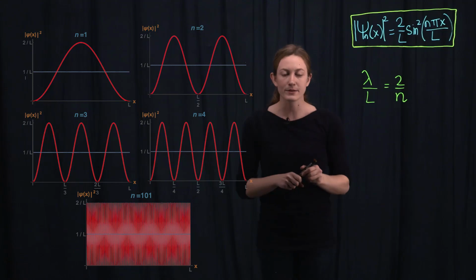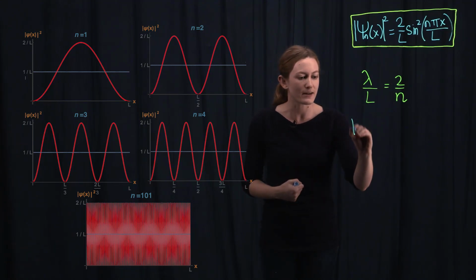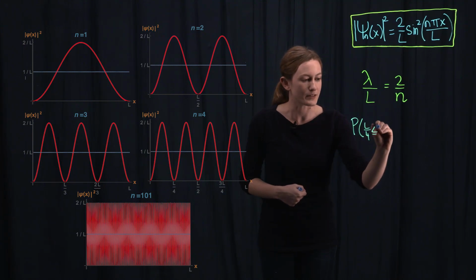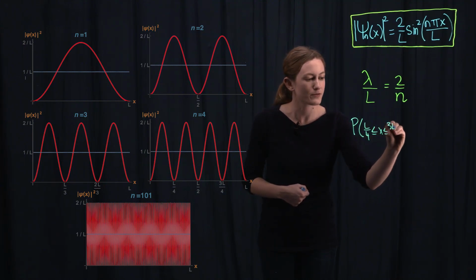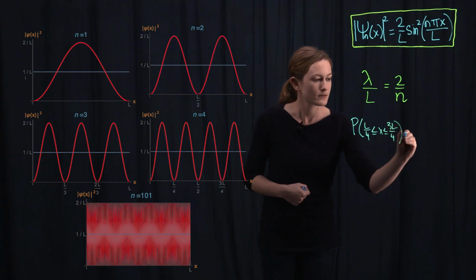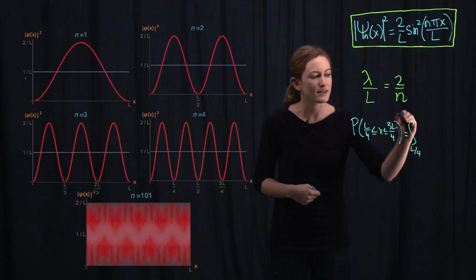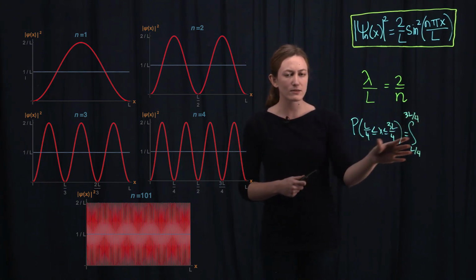So next we can compute the probability that the particle will be found in the center region of the box from L over 4 to 3L over 4. Now remember, classically, we said from our discussion in the introduction, this probability would be 1/2.